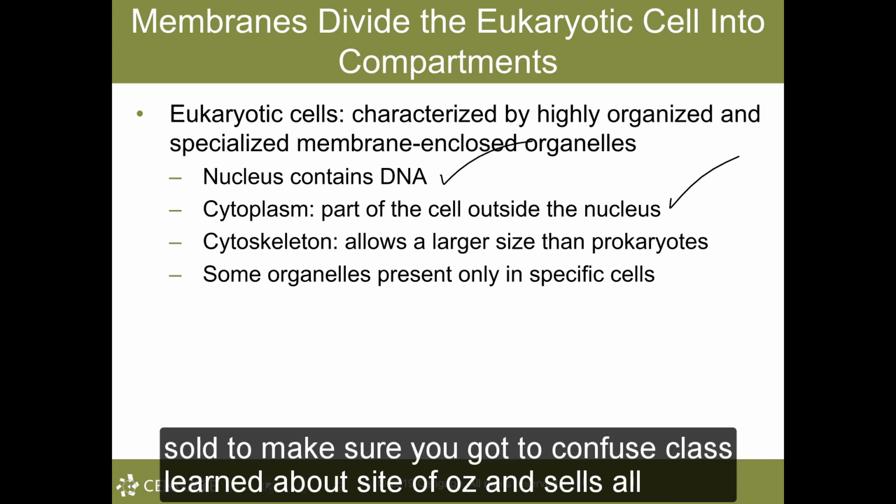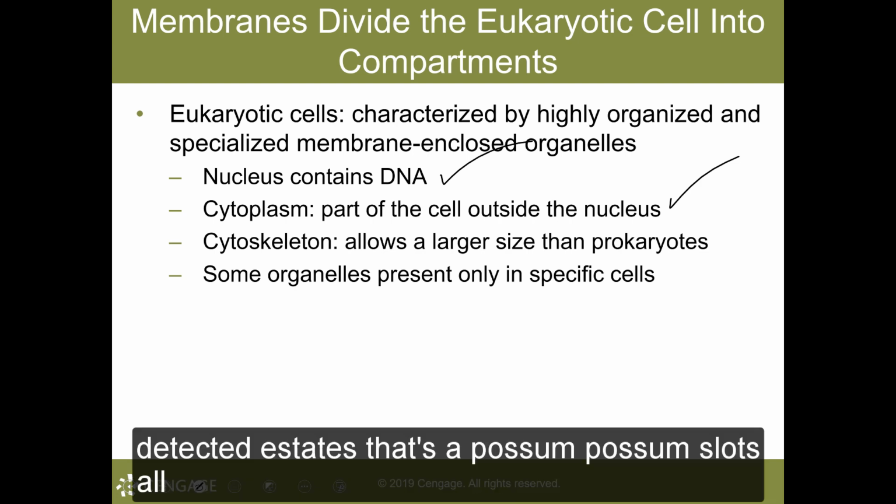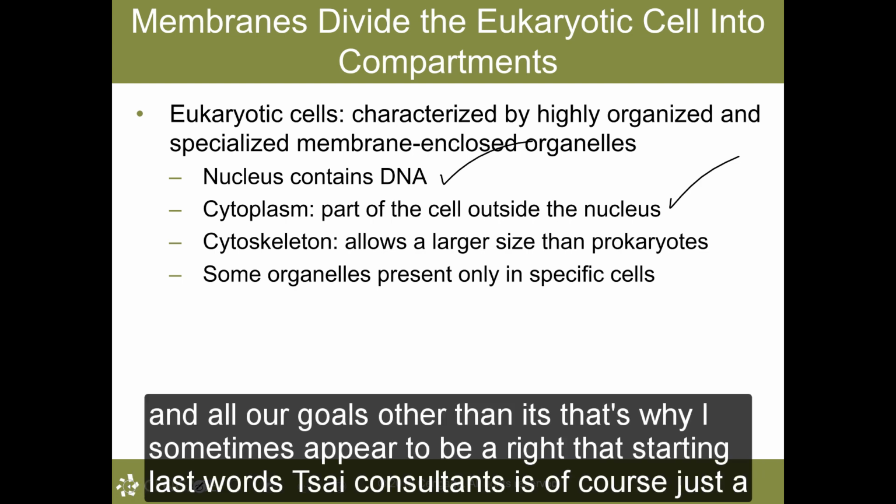To make sure you don't get confused about cytoplasm and cytosol: your text states that cytoplasm includes both the cytosol and all organelles other than the nucleus, whereas the cytosol is just that fluid.